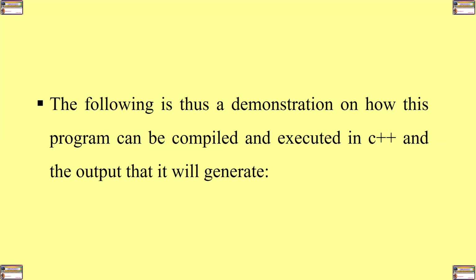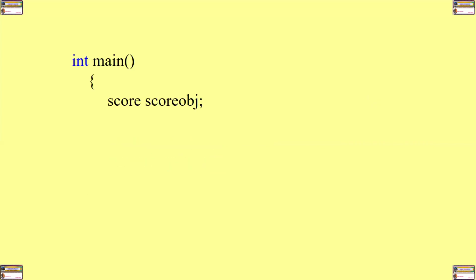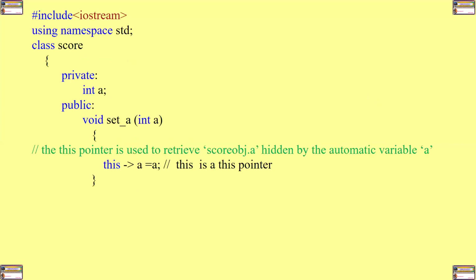Now, the following is a demonstration on how this program can be compiled and executed in C++ and the output that it will generate. My dear students and the rest of the learners, my usual request is copy this program.